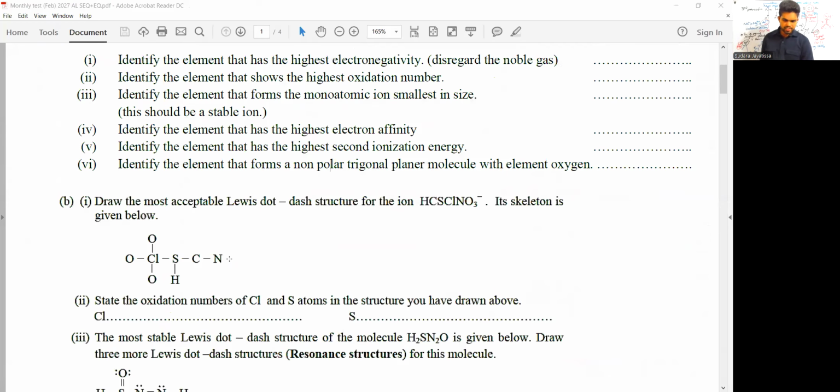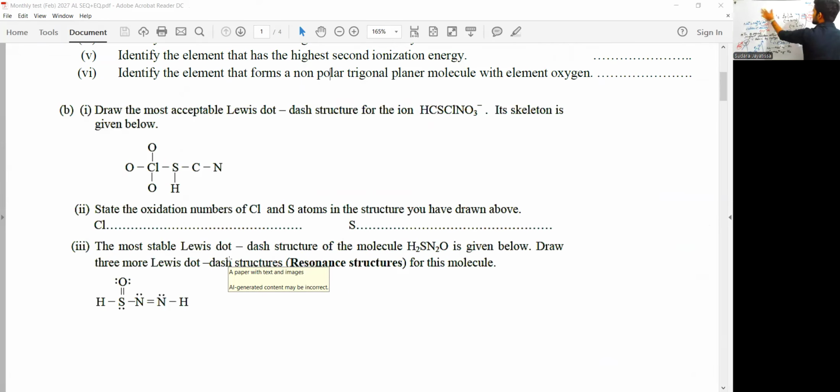Okay, so now let's discuss part B of this first structured essay question. Draw the most acceptable Lewis dot-dash structure for the ion. They have given a formula and its skeleton below.